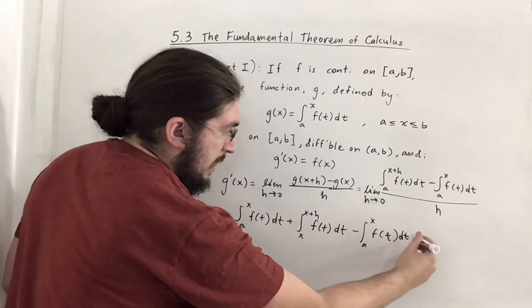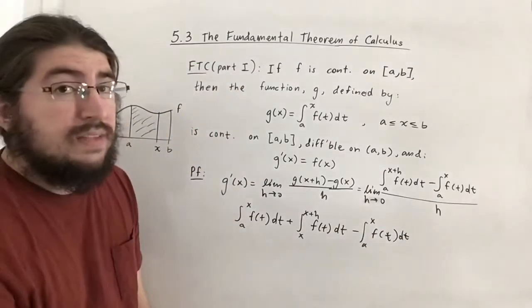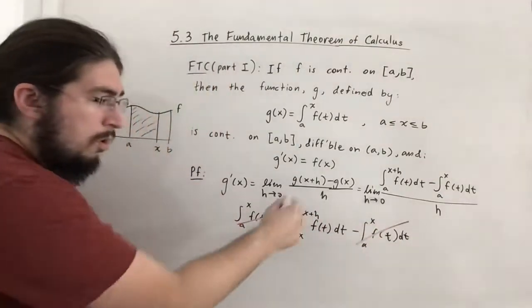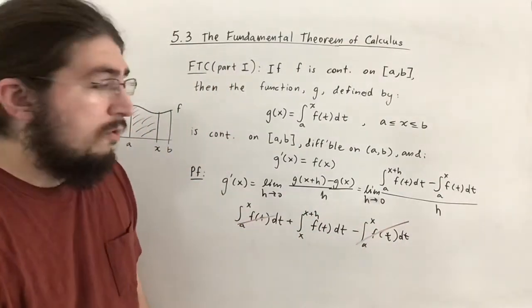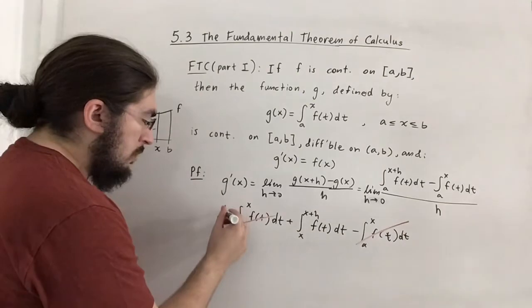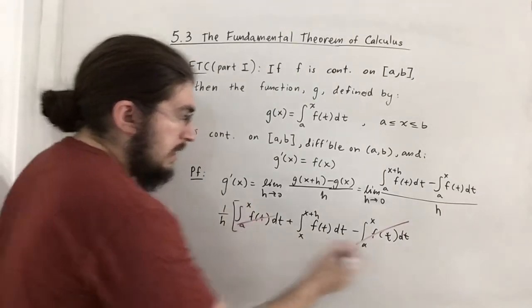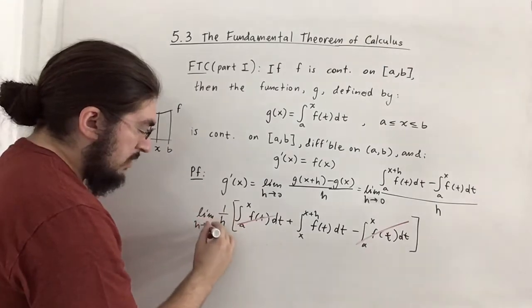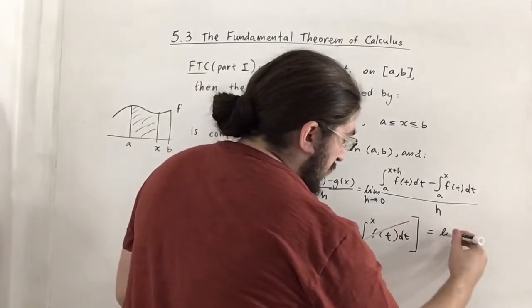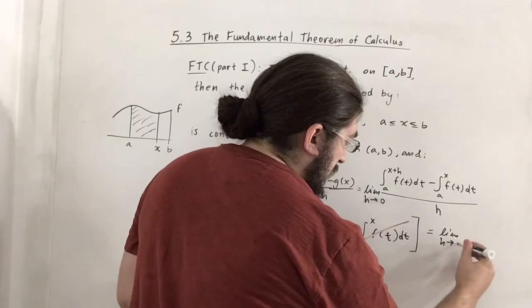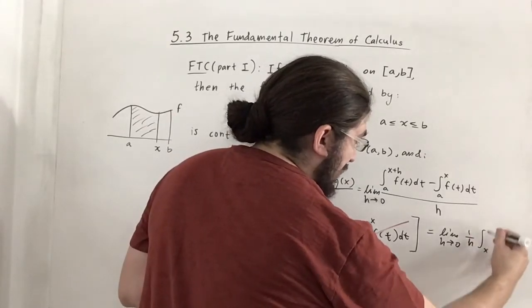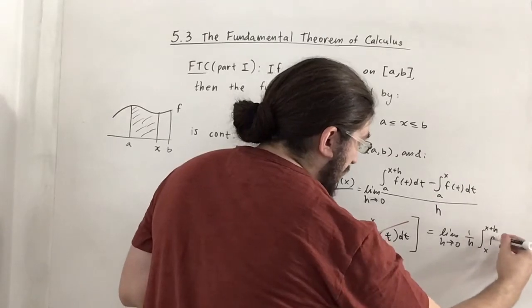And what you'll notice is we definitely have some cancellation here. The integral from a to x cancels out, so we're only left with this, and moreover it's all over h, which I'll denote as multiplying by 1 over h on the outside, and we're still in the limit as h goes to 0. So really we have a limit as h goes to 0 of 1 over h times the integral from x to x plus h of f of t dt.